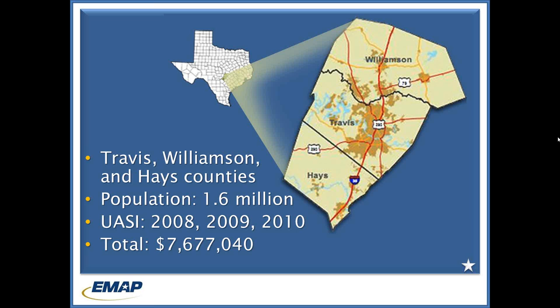The city of Austin serves as the federal and the state point of contact for this UASI area. And this area covers about 1.6 million people. During this period of time, we have been able to get about $7.6 million in grant funding that we've been able to use to cover some of our gaps and to improve our overall ability to meet our challenges from a terrorist perspective and from a natural hazard perspective. Next slide.